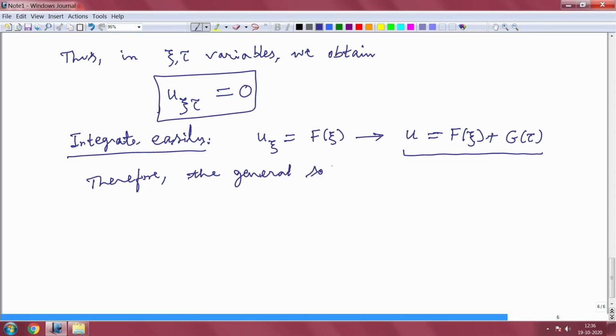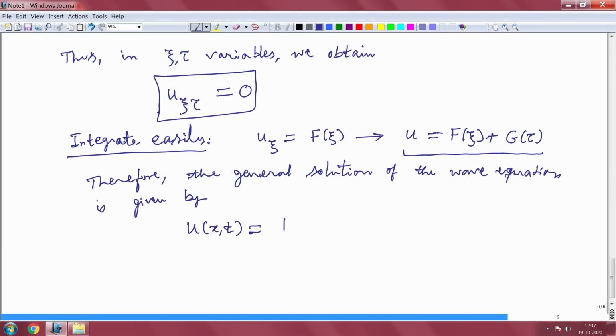The general solution of the wave equation is given by u(x, t) equal to f of x plus c t plus g of x minus c t, where xi is x plus c t and tau is x minus c t, and where f and g are arbitrary C2 functions.